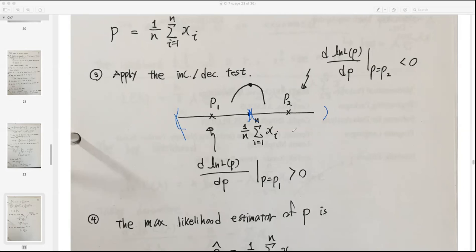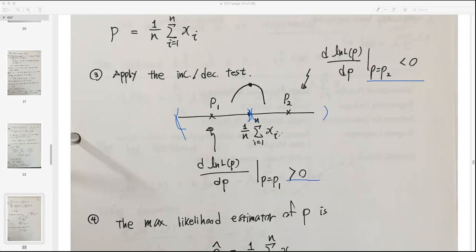If you see that at p1 the derivative is greater than 0 and at p2 the derivative is less than 0, you can choose any numbers. So how can you find p1 and p2, since the xi are not given?